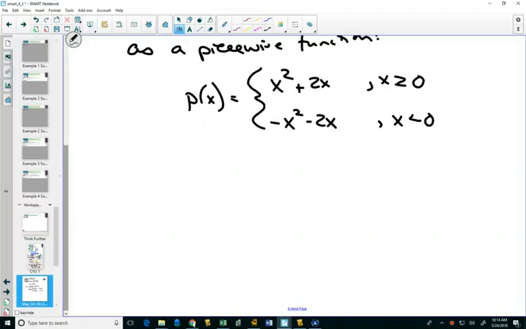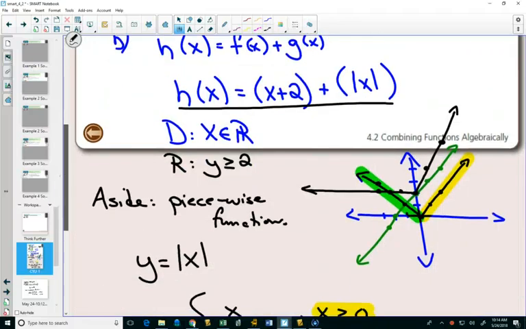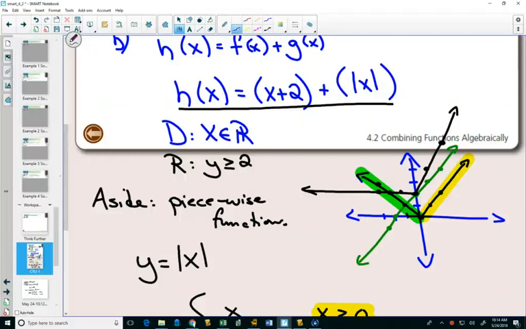If I wanted to, I could use my original graphs here to multiply. Okay? And we could see, right, wherever there's zeros, 0 times anything will be 0. If I take this point, 1 times 1 will be 1. If I take this point, 1 times 2 will be 2.